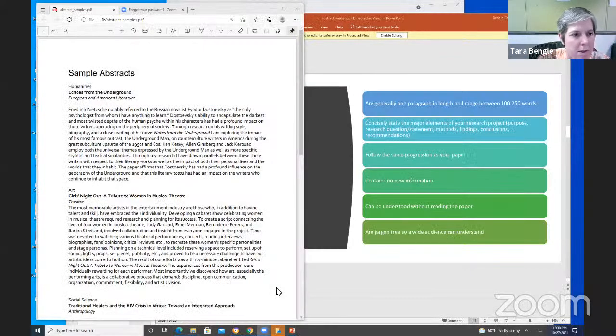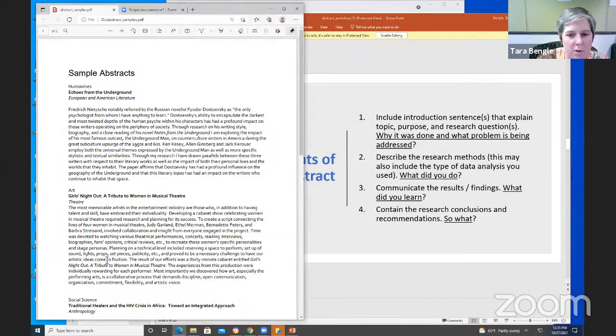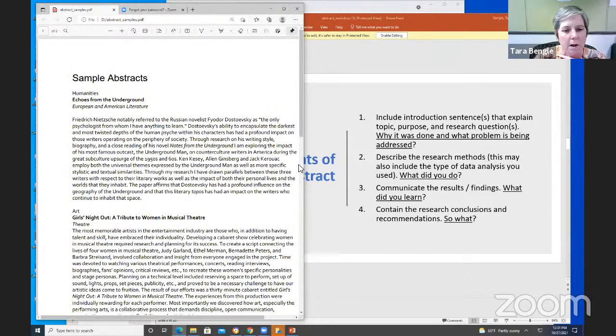Okay. Can you see my desktop now? So you should be able to see the sample abstract on the left, and then the elements of the abstract on the right. Is that right, Isaiah? Yes. Okay. Good. All right then.